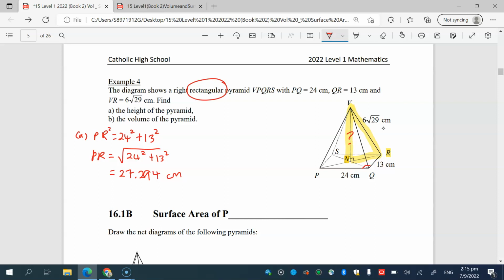So you'll take half of this to find NR. So NR equals to 27.294 divided by 2. Basically, you can use the 5SF or you can use the square root of 24 square plus 13 square. Okay, divide by 2, you get 13.647. All these are 5SF.